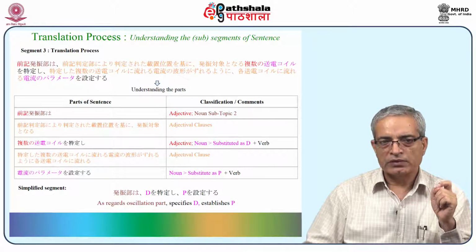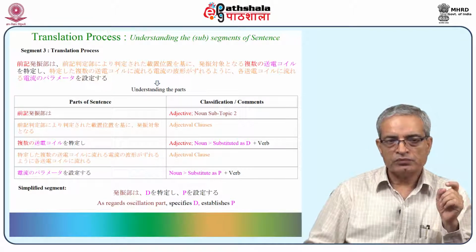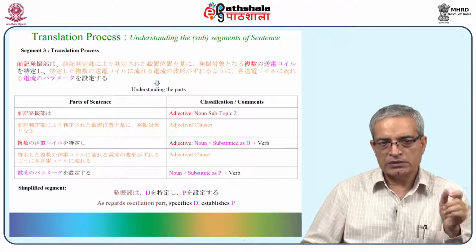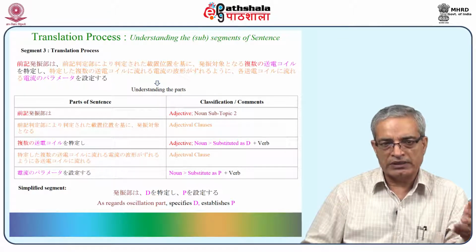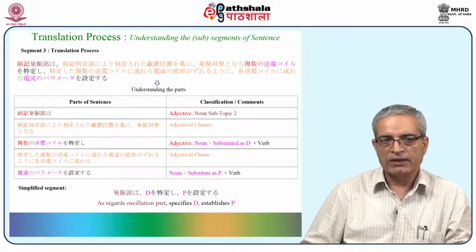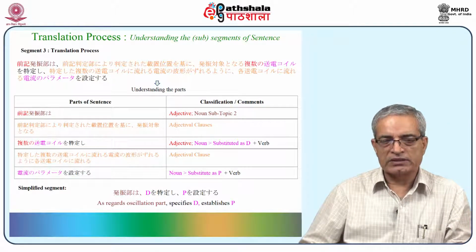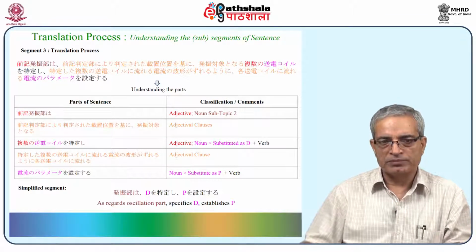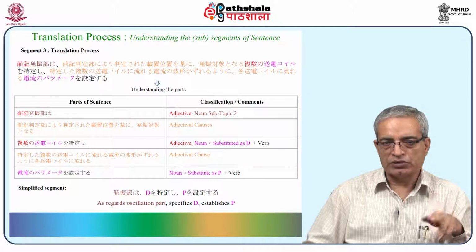Then you know what is this? Hake ga zureru yoni. Now this is a little longer, so zureru yoni kakuso koiru ni. Let's treat it as an adjective clause separately. And then you know parameter o settei suru, so noun which gets substituted as P plus verb, and it comes as hashin bu wa D o tokutei shi P o settei suru.